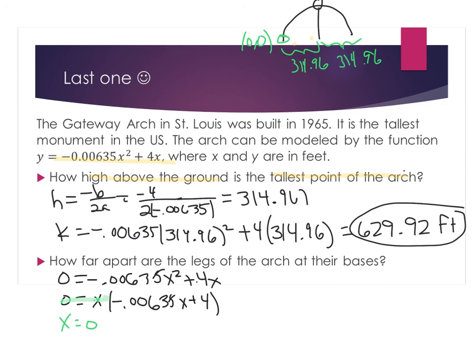So our final answer, if I take 314.96 and multiply it by 2, we actually get 629.92 feet, which is eerily similar to the one we just found.